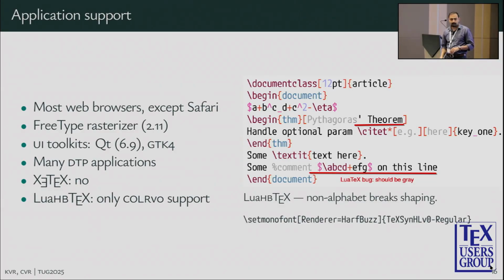But I found a small bug. You remember the previous slide where the Pythagoras theorem was actually completely colored in gray? And the comments, I don't think it works as expected. So I looked into the documentation Khaled Hosny had written, the TUGboat article initially. And it looks like what LuaTeX does is that it passes the token list to the HarfBuzz code word by word, because words are usually separated by white space.